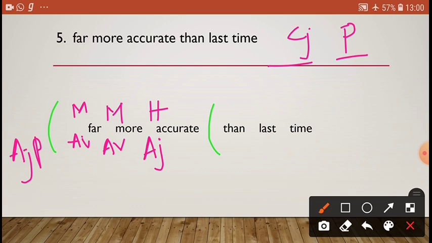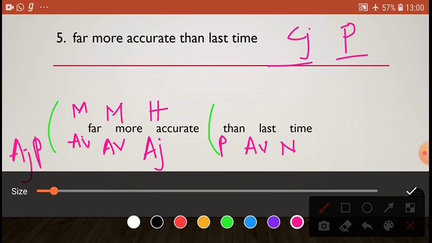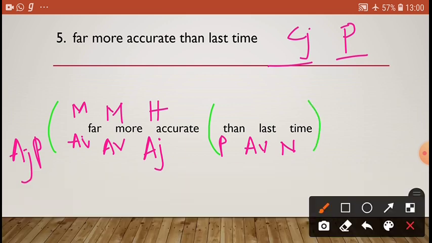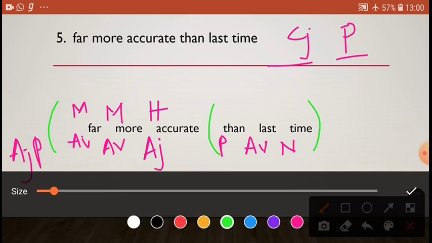Yes, it is preposition here, right. So, we will place preposition here. Last is adverb because it tells us about time, and the word time is noun. Now we will close this phrase here.